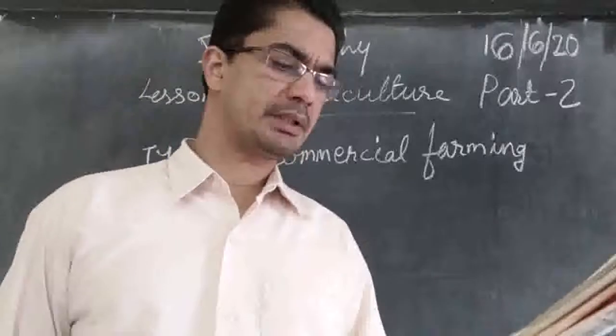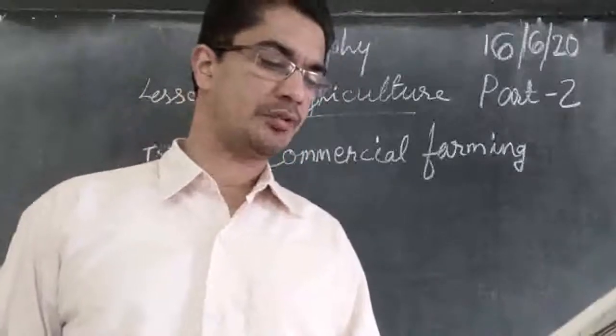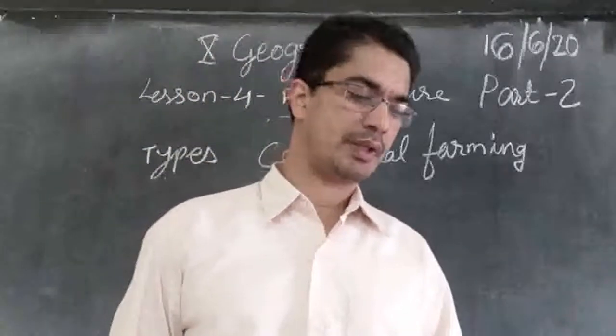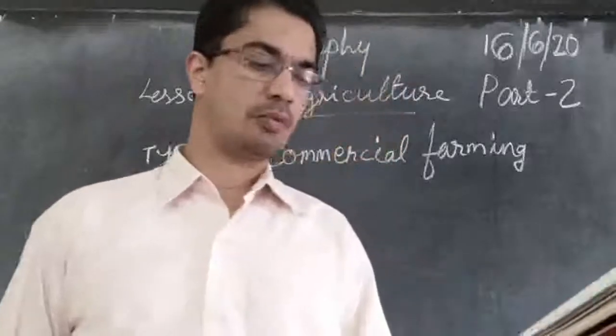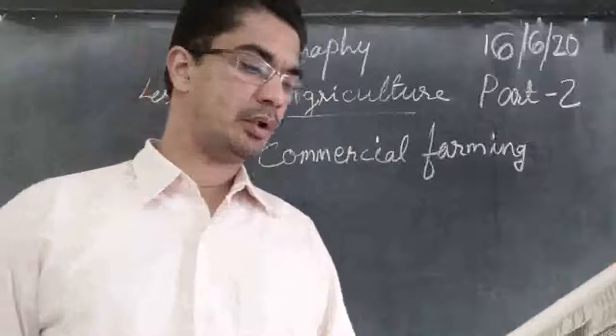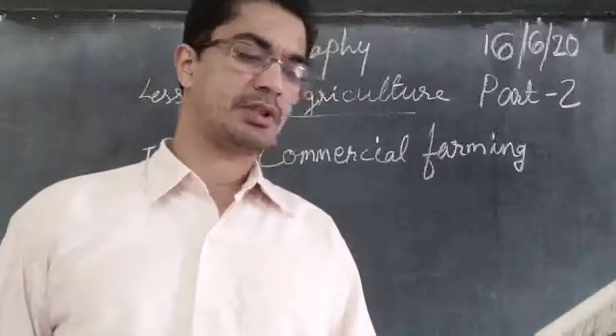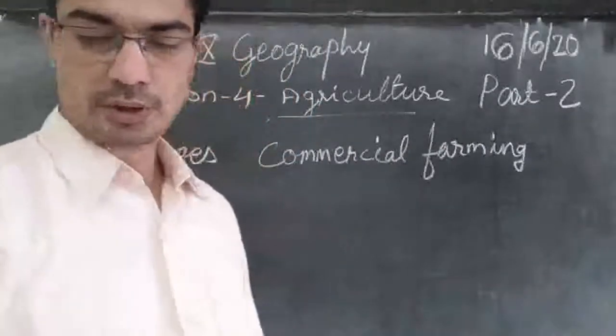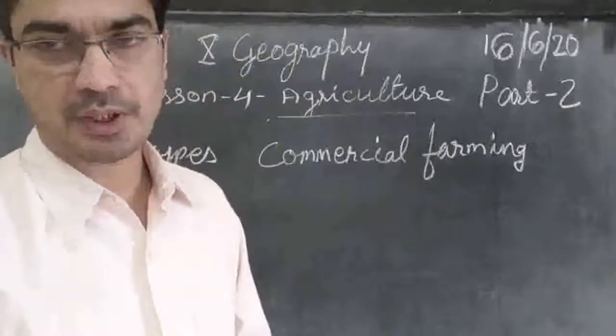The degree of commercialization of agriculture varies from one region to another. For example, rice is a commercial crop in Haryana and Punjab, but in Odisha it is a subsistence crop. So this varies from place to place.